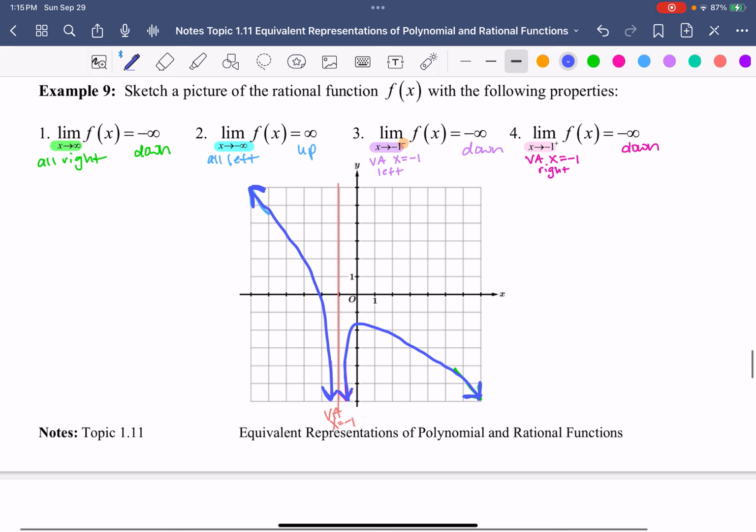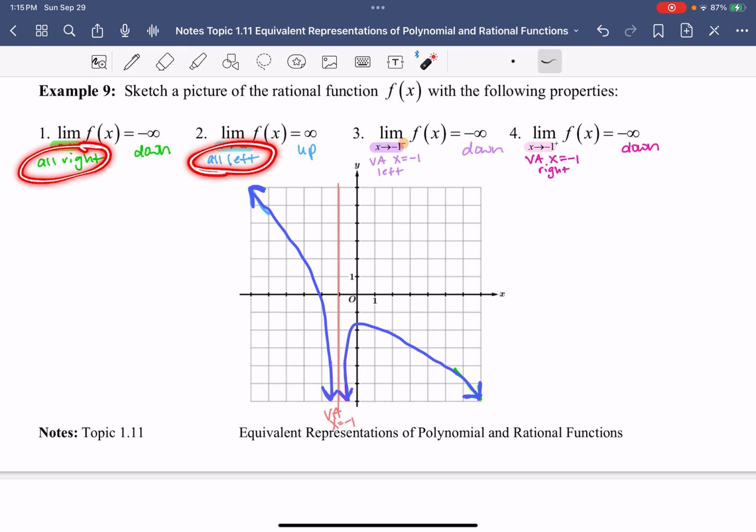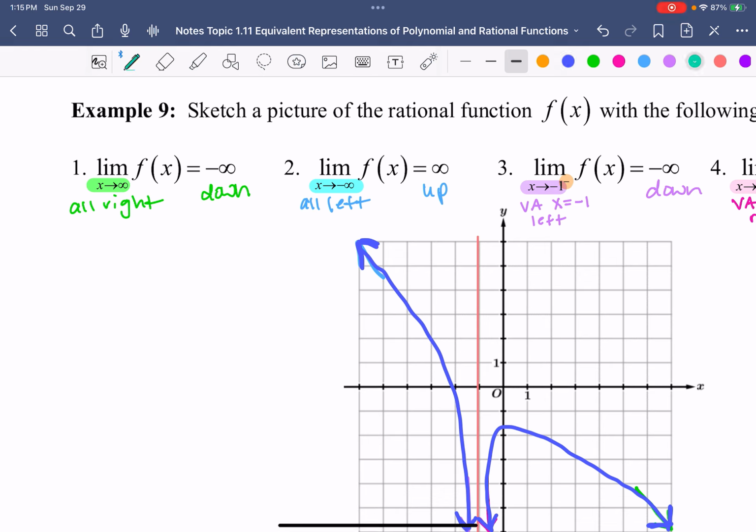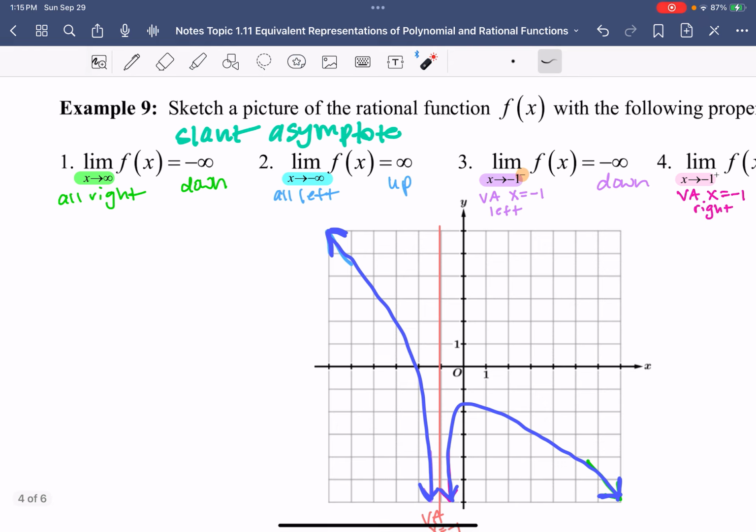But what happens is whenever you are going all the way to the right and all the way to the left and your answers are either negative or positive infinity, what that means is that these two are referring to a slant asymptote. On lesson 7, we talked about if it's a horizontal asymptote, and you divided the coefficients, and let's say you got -2, then that -2 would be your answer for the left and the right.